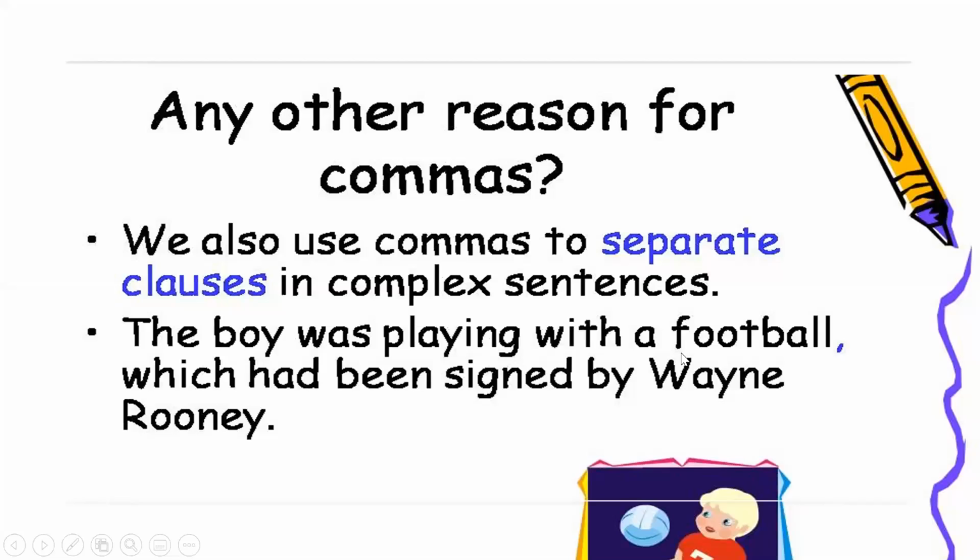What are the other places where a comma can be used? You have already done clauses. Now you know that we also use commas to separate the clauses in a complex sentence. If the subordinate clause comes before the main clause, we put a comma. If the subordinate clause comes after the main clause, we don't need a comma.